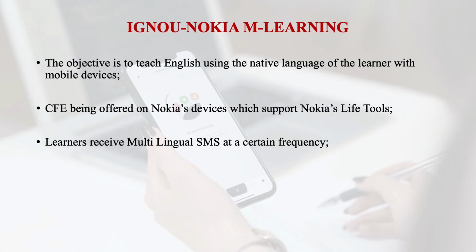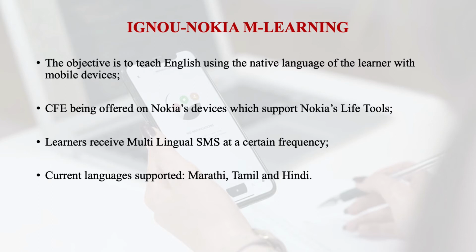Learners also received multilingual SMS at a certain frequency. For example, let me say that you are learning English using Telugu. Then you will receive an SMS which has both Telugu as well as English. So basically it will be a translation of the Telugu script into English script so that you can learn what a word in English maps to in the Telugu word, so that when you speak, you can start speaking in that way.